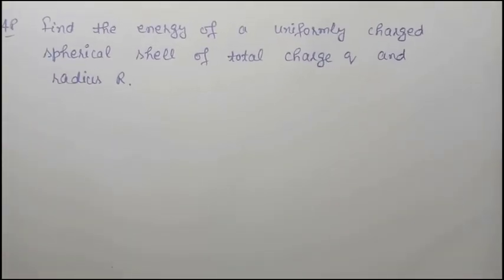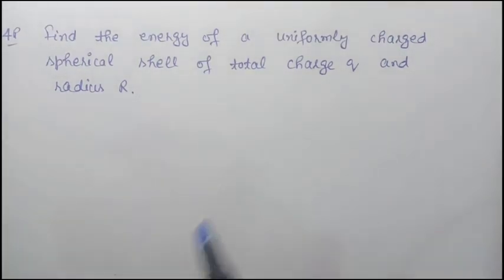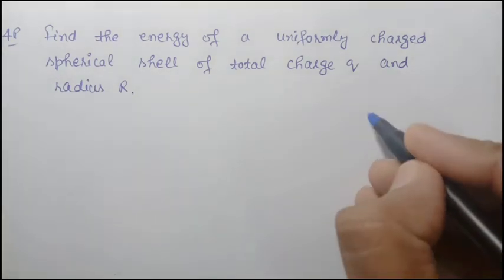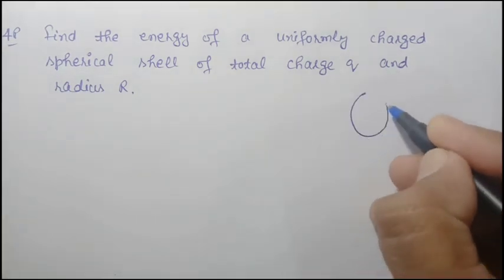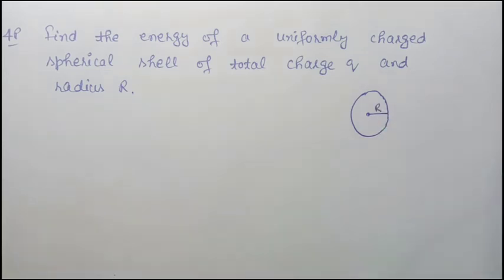Then we have the next problem. Find the energy of a uniformly charged spherical shell of total charge Q and radius R. So again here we have a spherical shell, the radius is capital R and the charge is Q. Okay.